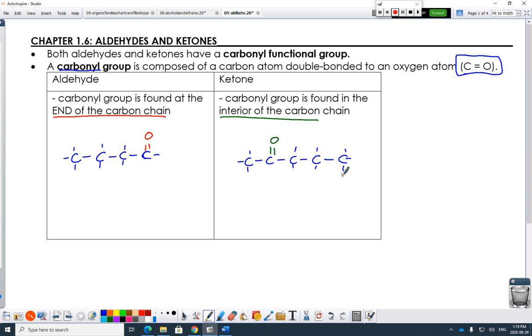The reason we classify the molecules like this is because of some of their properties. Maybe you've heard of acetone, which is a common name for 2-propanone. It is a ketone that will remove nail polish, and the fact that it removes nail polish can tell you how strong a chemical it is.